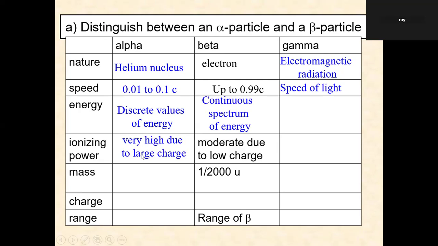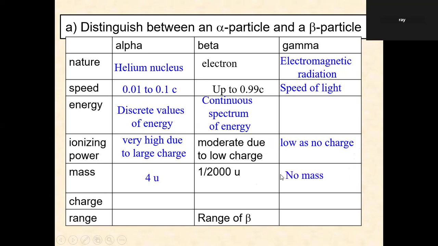Ionizing power for alpha is very high due to large charge and large mass. For beta it is moderate due to low charge. Gamma has no charge at all, so it has low ionizing power. We have done that, so we just fill out the table.